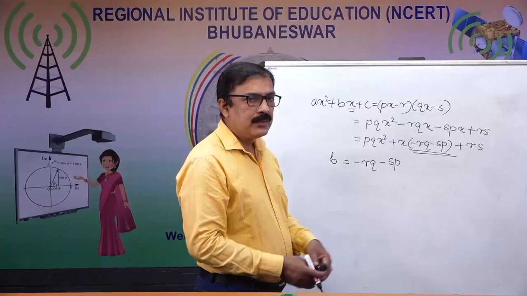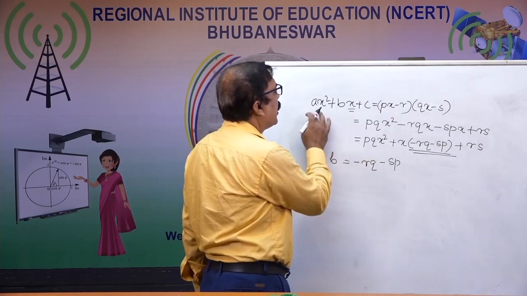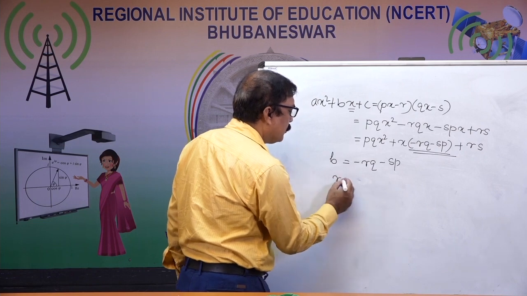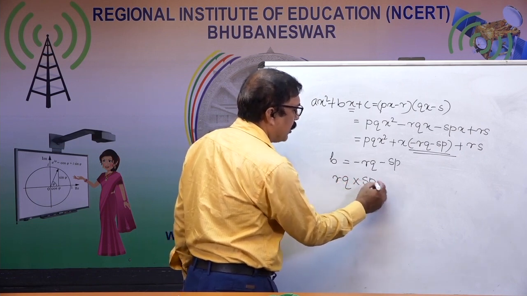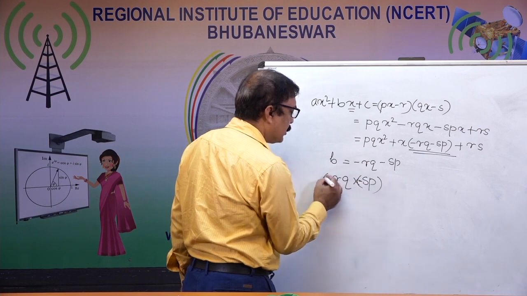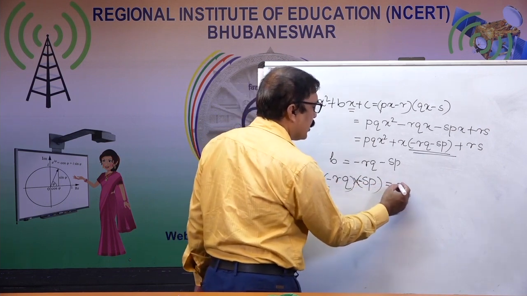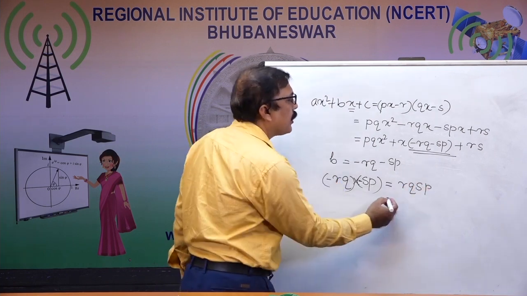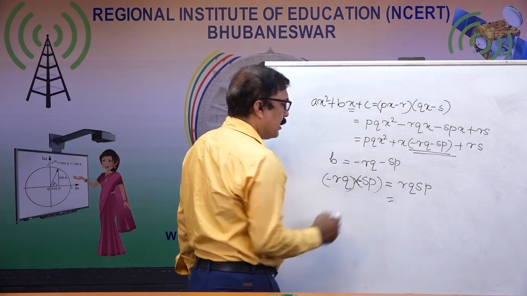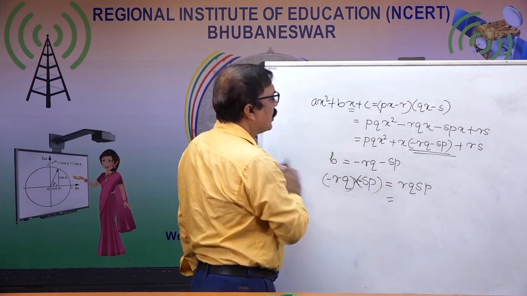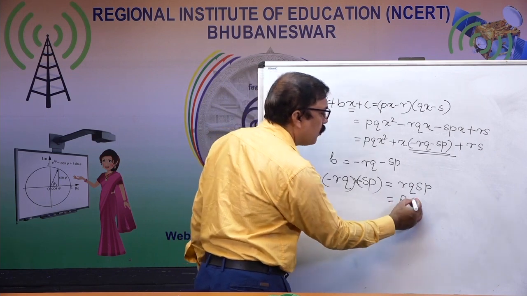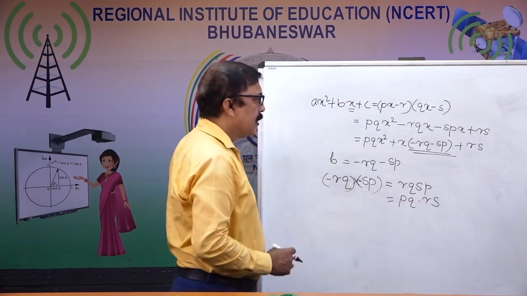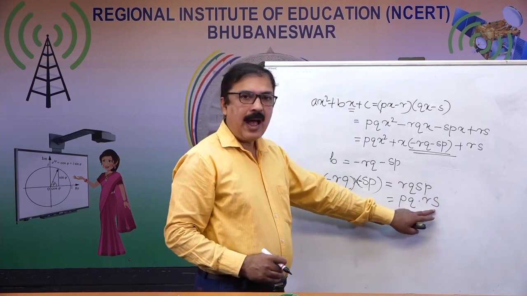Then what about ac? See, if we multiply rq into sp, minus sp into minus rq, it gives rqsp. That means this is the same as pq into rs.